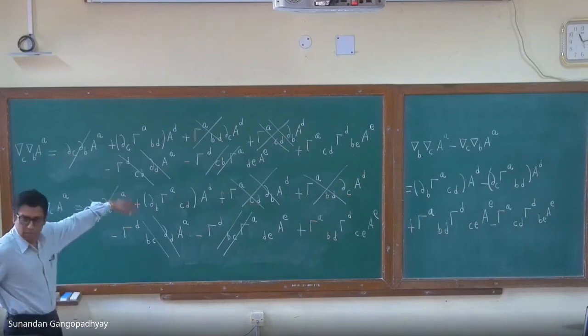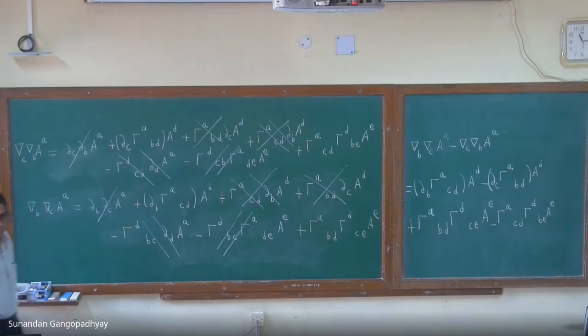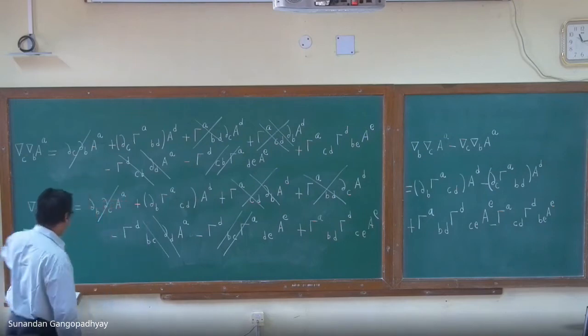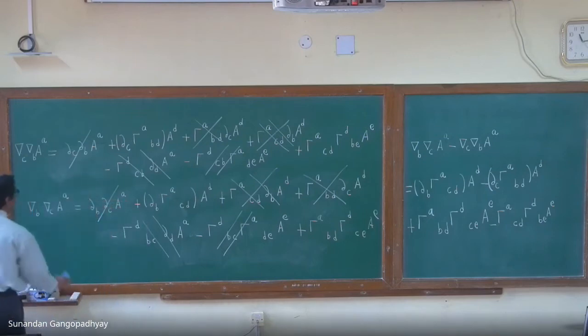Manjuri, you have written down this part? So what we have done, you came a bit late, is we first calculated grad A, then we calculated this term, and once you calculate this term, you just replace this by B and C, then you will get the other term, and then we subtracted this term from this term. That is what we have done. So let me just write the result now.